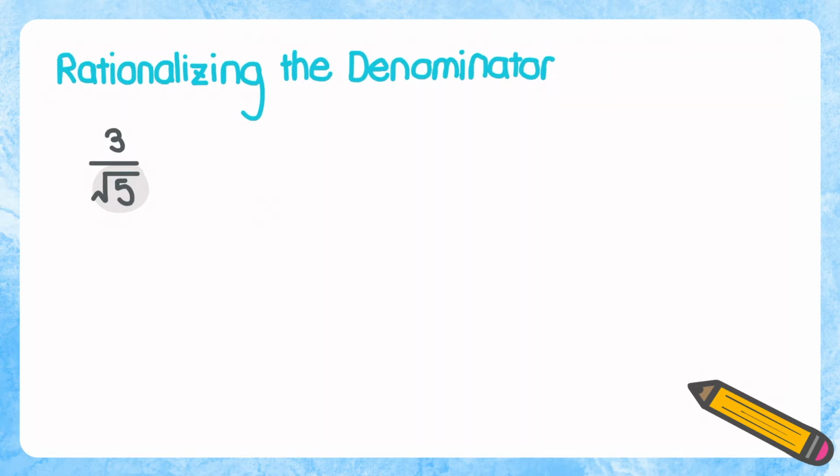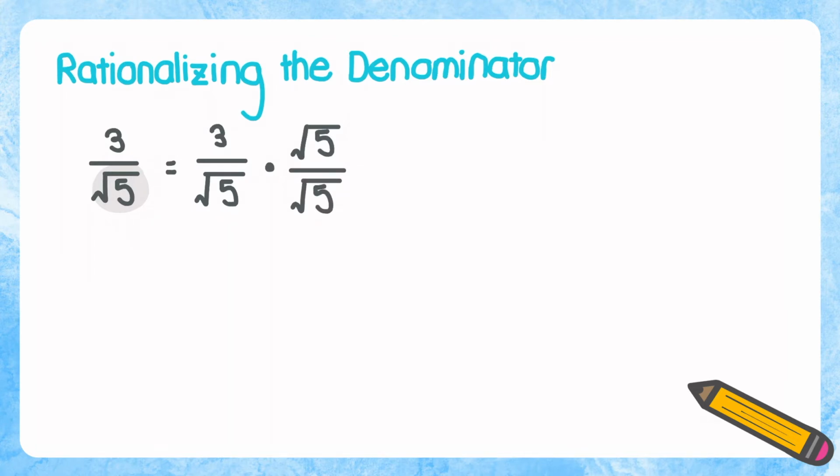First, I'll go over the mathematical steps of rationalizing the denominator, and then I'll go through a little shortcut. So I have 3 over square root of 5. That's the same thing as 3 over the square root of 5 times the square root of 5 over the square root of 5.